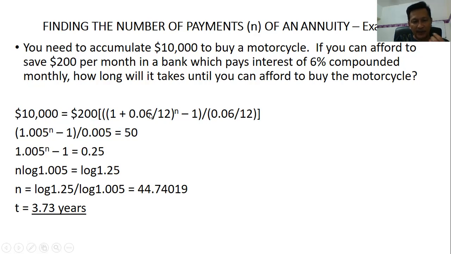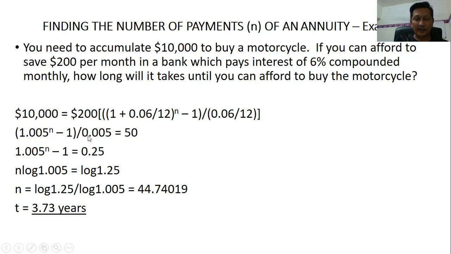As previously shown, you transfer this term to the left-hand side and this term to the right-hand side. So when 10,000 moves to the right, it becomes 10,000 divided by 200 equals 50. And 0.06 divided by 12 is actually 0.005. So 1.005 to the power of n minus 1, divided by 0.005, equals 50.